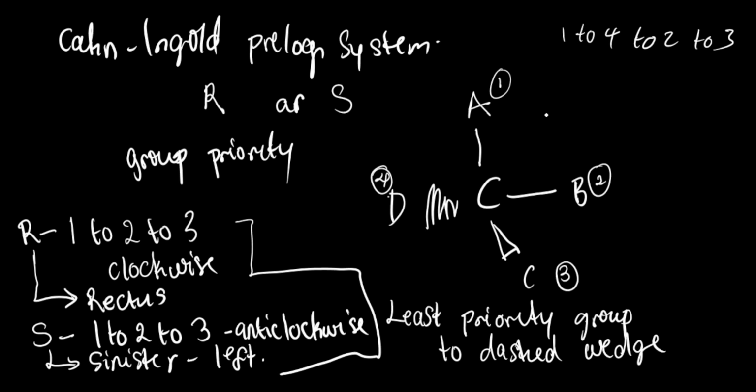So as long as we move from 1 to 2 to 3 and not the other way around, this condition still holds. So let's move from 1, 2 to 3. Notice that we move in a clockwise direction, and because the least priority group is attached to the dashed wedge, this has an R configuration.